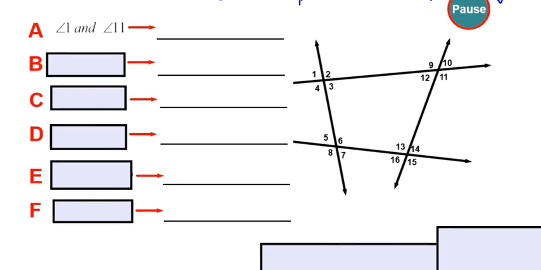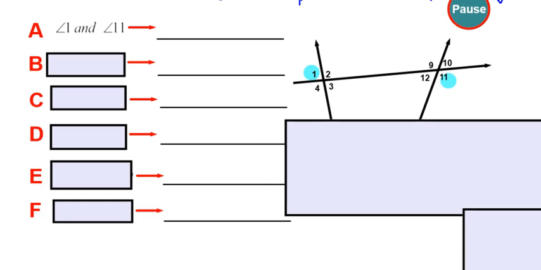I have some different angle pairs, and then we are going to figure out how they are related. The first one that we're talking about is angle 1 and angle 11. So I have some dots here. So there's angle 1, and there's angle 11. One thing that I want you to think about when you're solving these problems, something that I think would be helpful, is covering up part of the picture. So if I cover up the bottom of the picture, I only see those 2 highlighted angles.